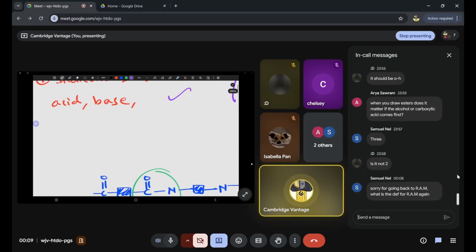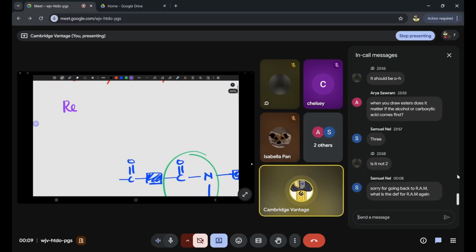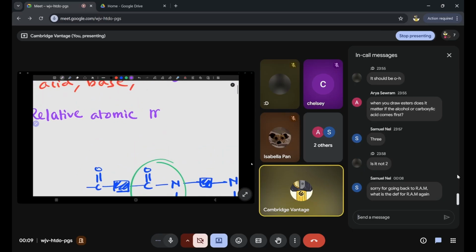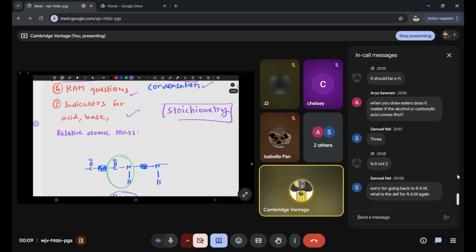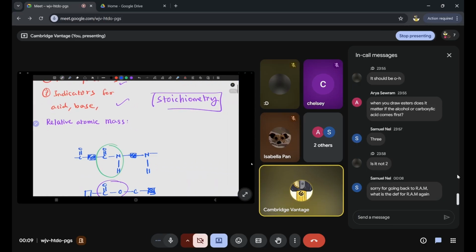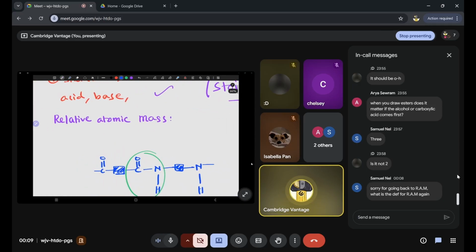Okay. So for relative atomic mass, RAM, there are many ways to write this.